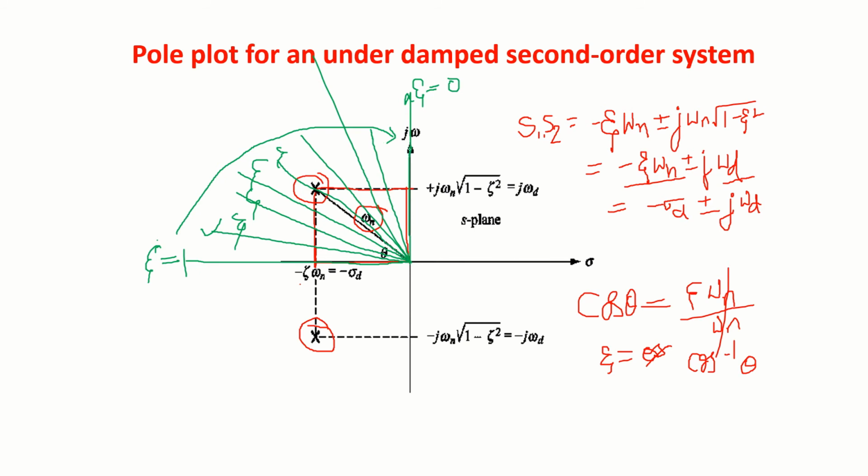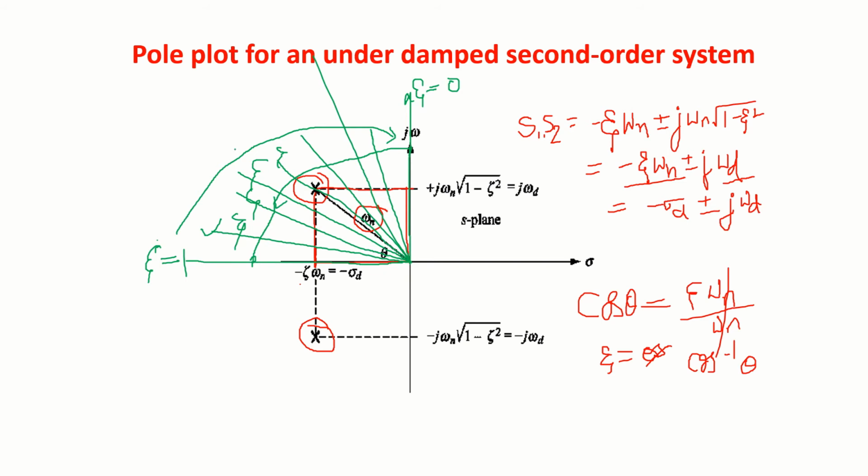So when the roots are here, the response will be oscillatory. The system will be responding with constant amplitude. As you start moving like this, the amplitude keeps decreasing. The moment it reaches the real axis, it will not oscillate at all. Correct?